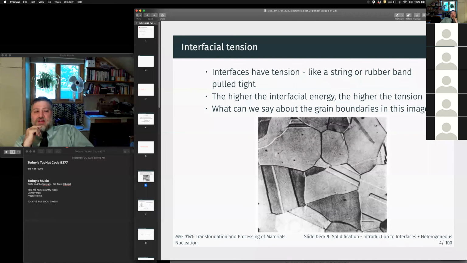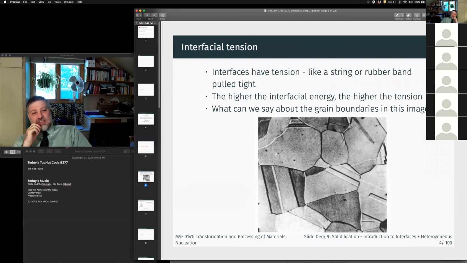Right? So think of these internal interfaces just like soap bubbles, these grain boundaries and interfaces in ceramics and polymers. Think of them as soap bubbles, but the motion of them happens on a vastly slower time scale, right?